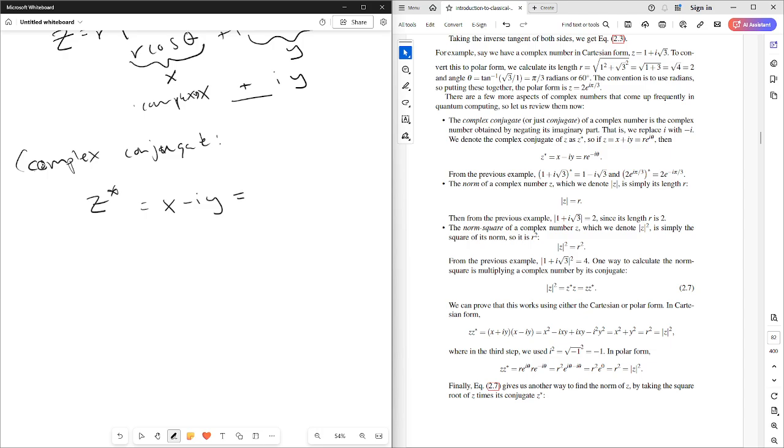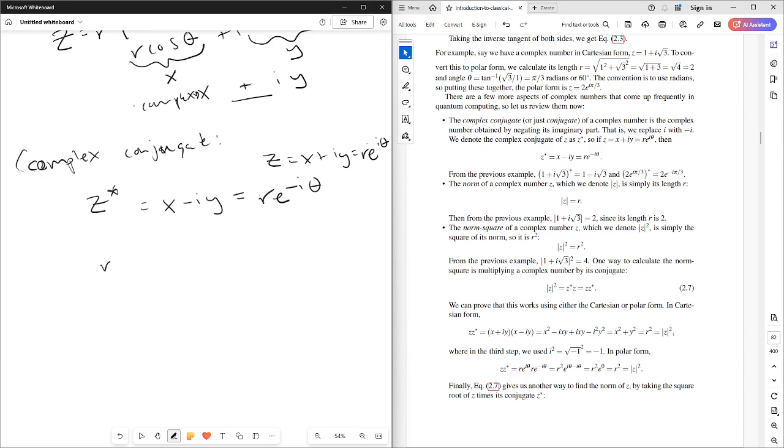Sorry, the example is z equals x plus iy, which also equals r e to the i theta. So when we take the complex conjugate, we negate the imaginary part, and we've got x minus iy, or r e to the minus i theta.